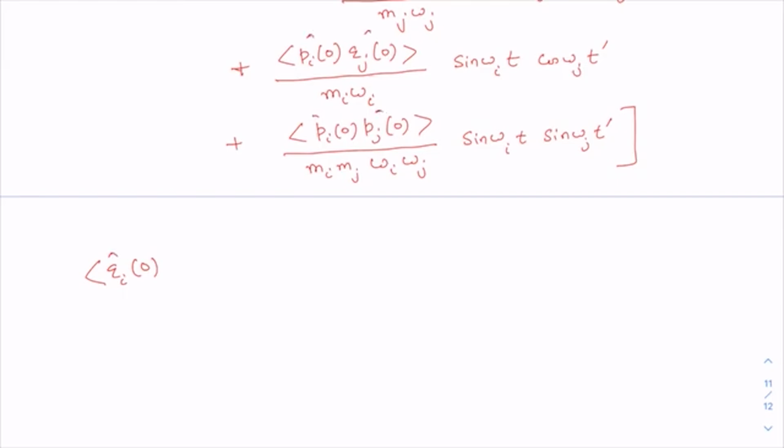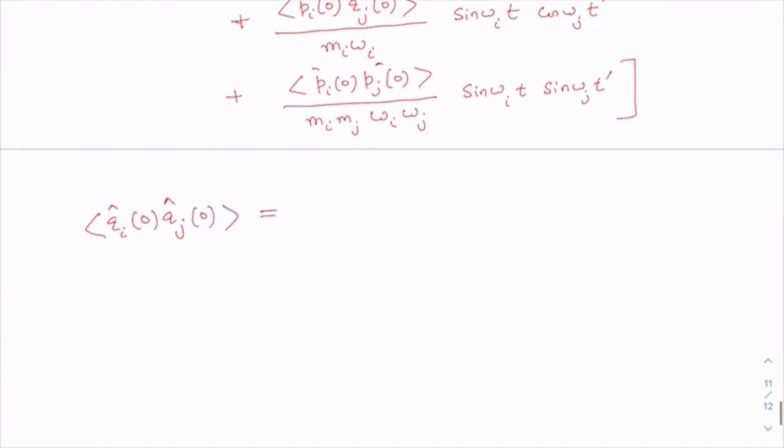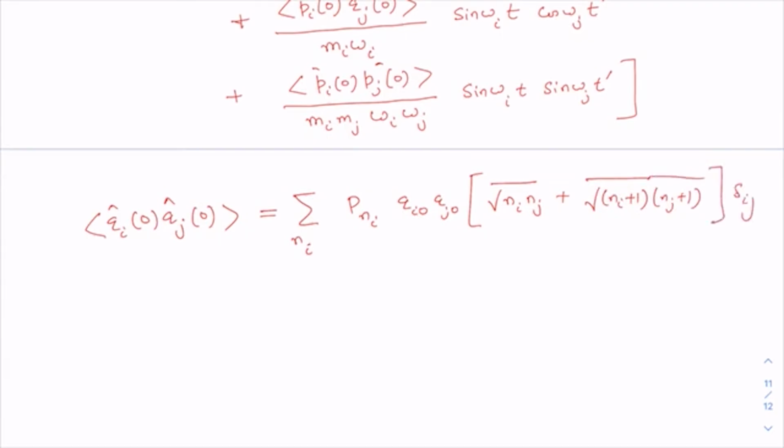We calculated the expectation value of the product of these two operators, qi(0) qj(0), as a summation over ni of p_ni, with square root of ni nj plus square root of (ni+1)(nj+1) times delta ij.